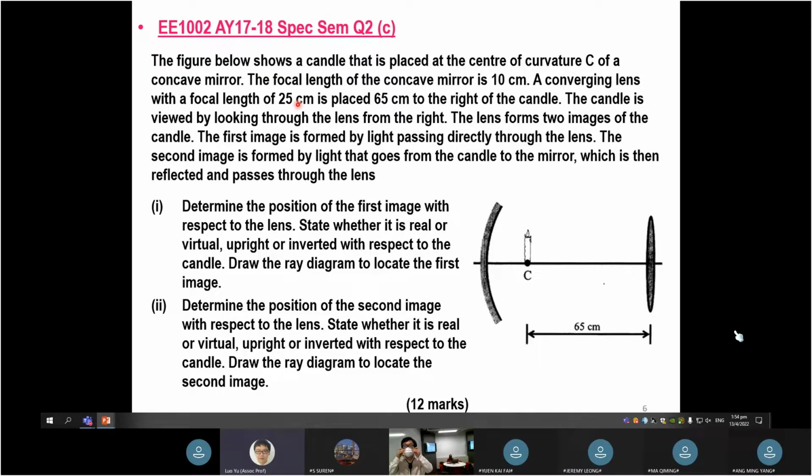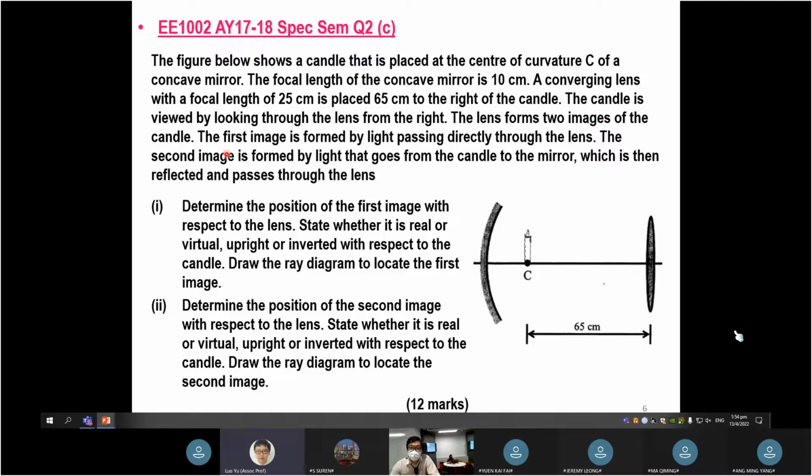Its distance to the candle is 65 centimeters, as plotted in this figure. So the candle's distance to the mirror is 20, and its distance to the lens is 65. This is what the question tells us.